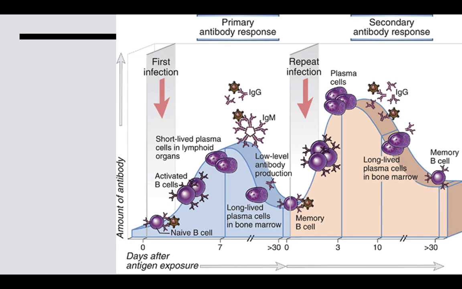So that will cause clearance of the antigen, clearance of the invading pathogen. Provided that the antigen and the invading pathogen decrease in concentration or are totally cleared, there's no more need to produce specific antibodies, forming our memory cells, our plasma cells.